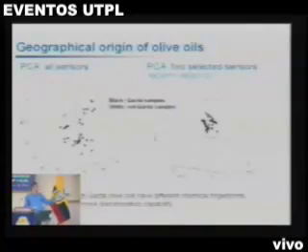Each point is a sample of olive oil. Each white point is a sample that is not Garda. Each black point is a sample from Garda. Using all the available information, all the sensors of the electronic nose, there is a trend of discrimination, but it's not good.